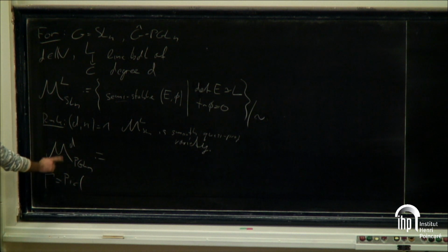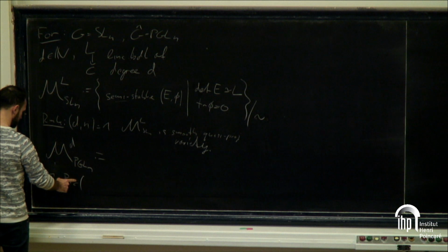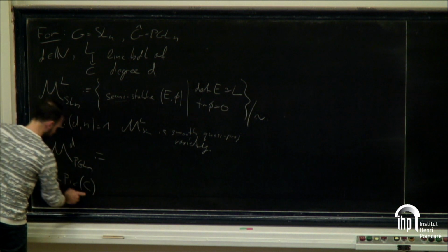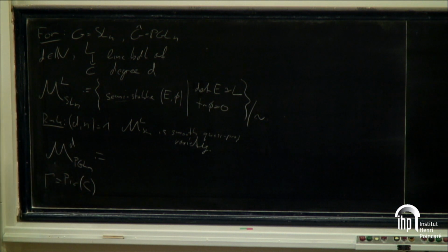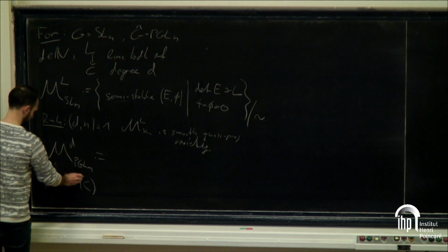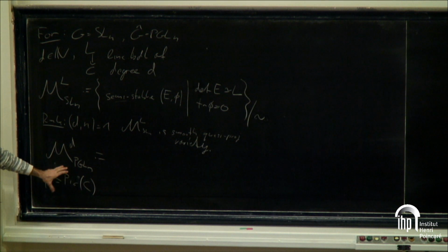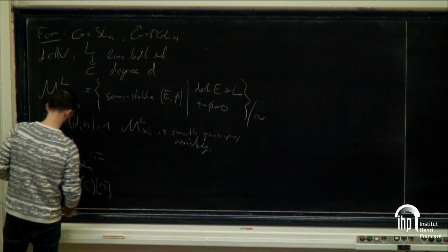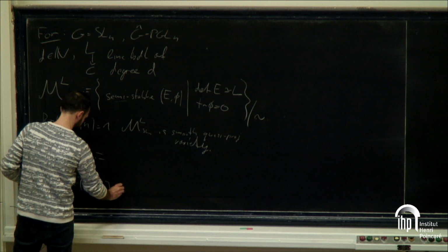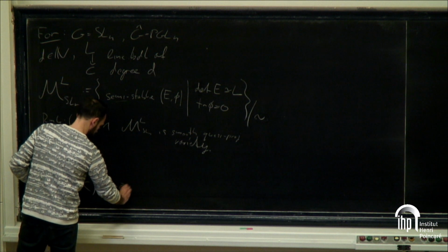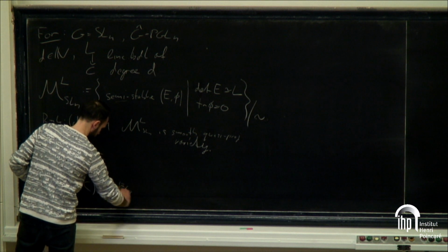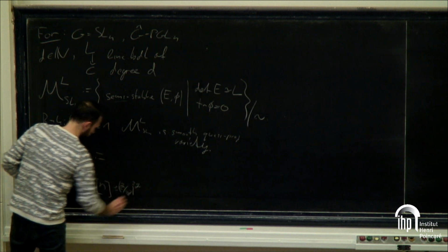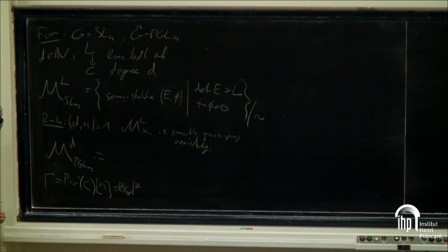So I give a direct definition of the PGLn space the following way. I look at the Picard group, which parameterizes degree 0 line bundles on our base curve, and I look at the n-torsion points. As a group, this is a finite group. It's Z mod nZ to the 2g.